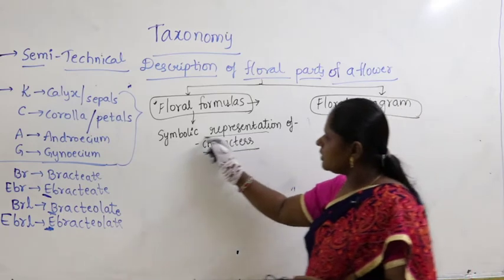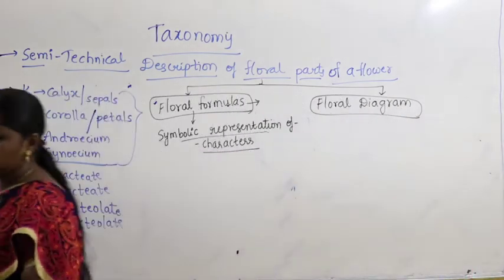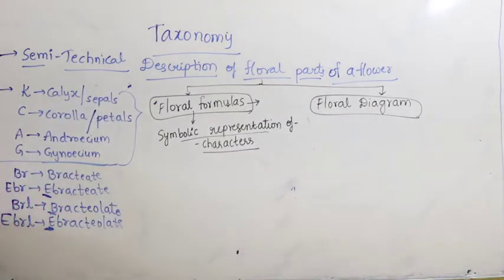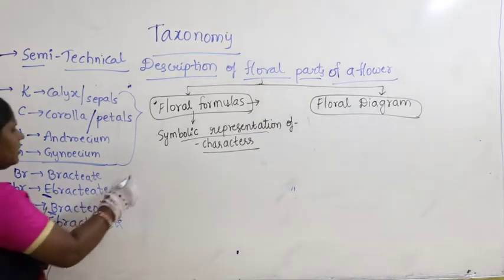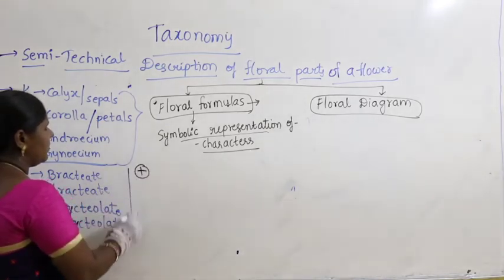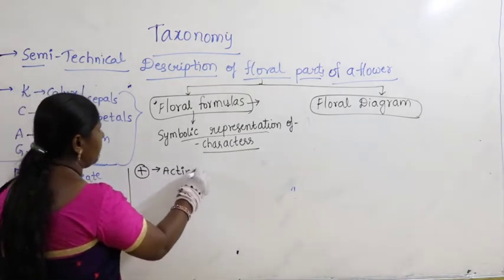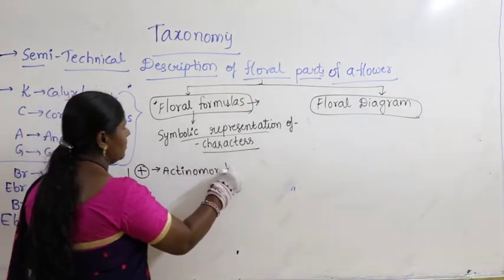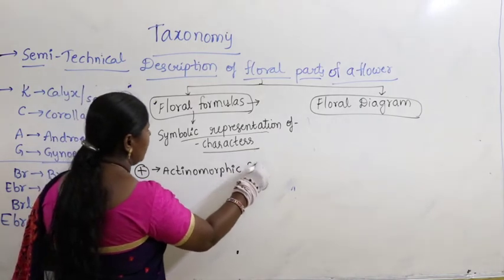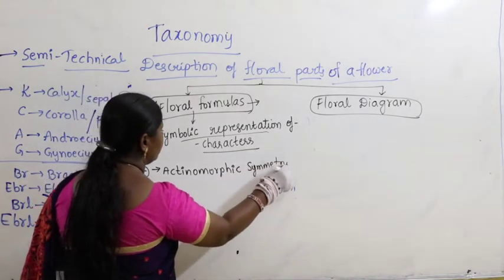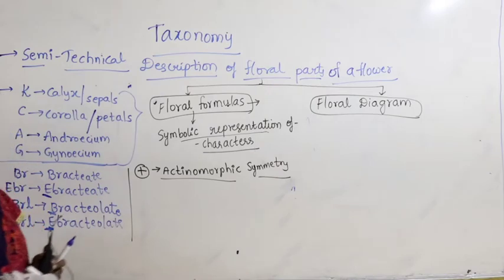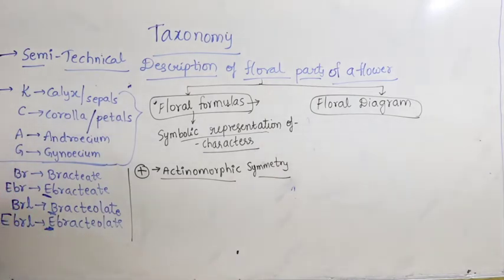So apart from this, these are most commonly mentioned ones. Then we even discussed that if you look at the characters, like plus with a circle, this is referred to as actinomorphic symmetry, that is radial symmetry. A flower divisible into two equal halves in any plane of division is called actinomorphic.